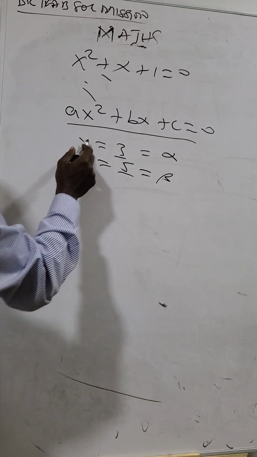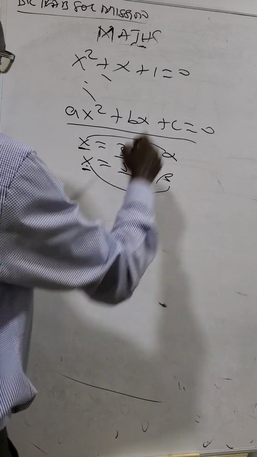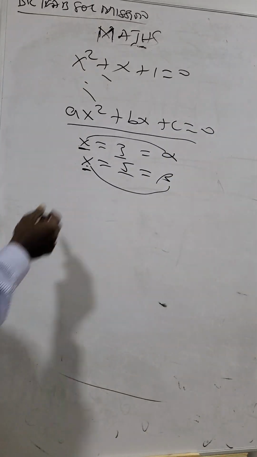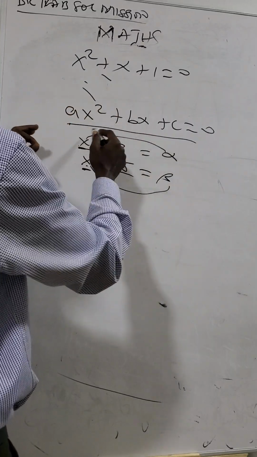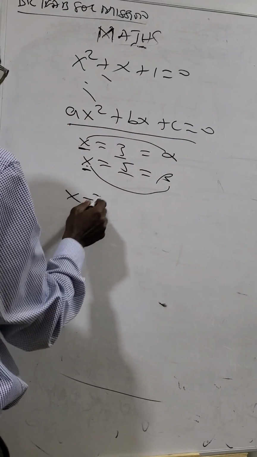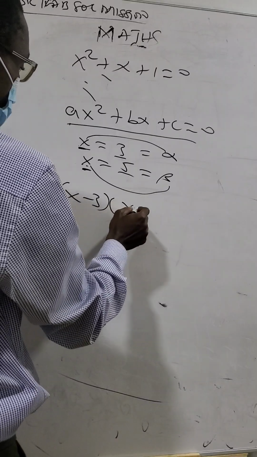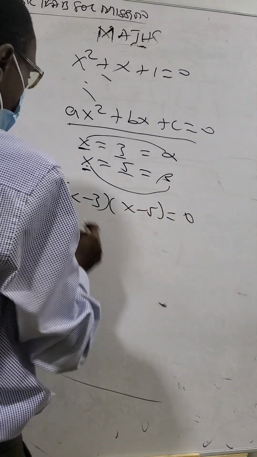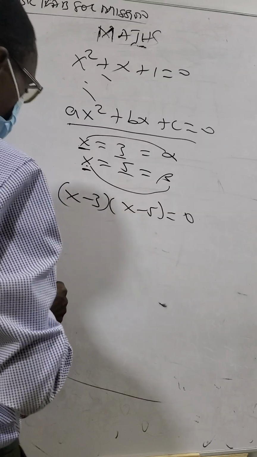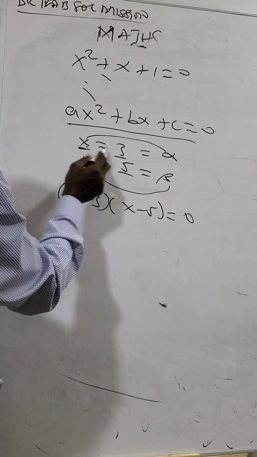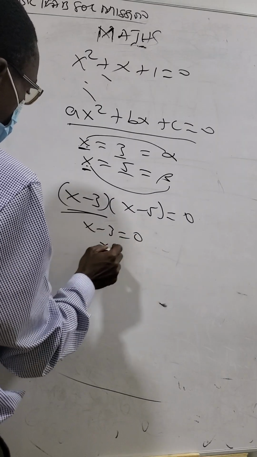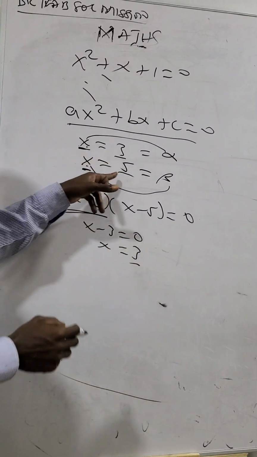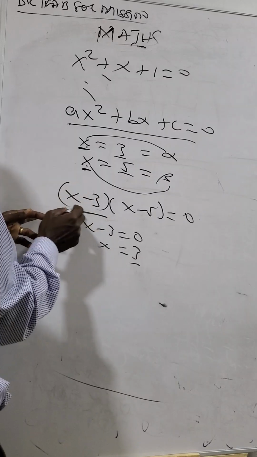So if x is equal to this, and x is equal to that, as any number, then writing the actual product for this part of the equation, it becomes x minus 3, x minus 5 is equal to 0. And that is what we expect to get for that equation. The reason why this becomes x is equal to 3 is because x minus 3 is equal to 0, then you see x is equal to 3. That is why it is so. So when you are writing the equation, it becomes minus.